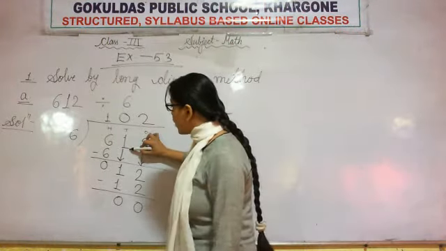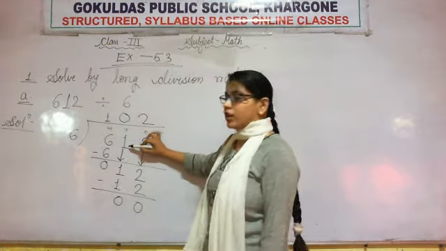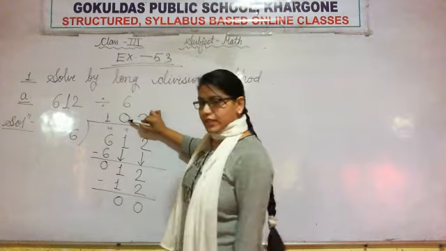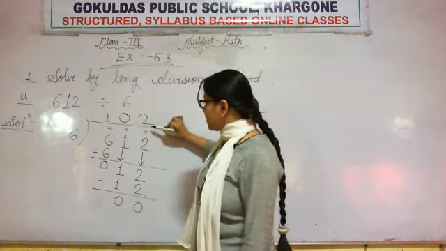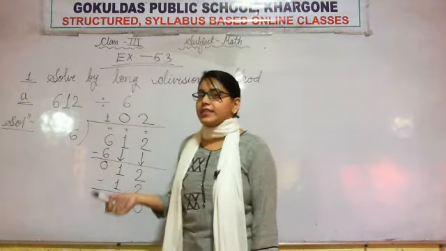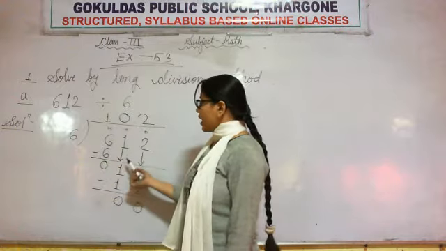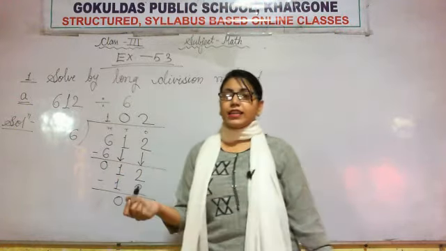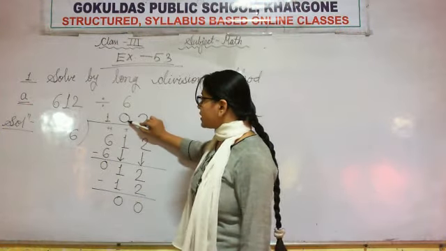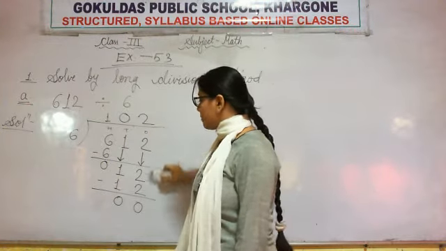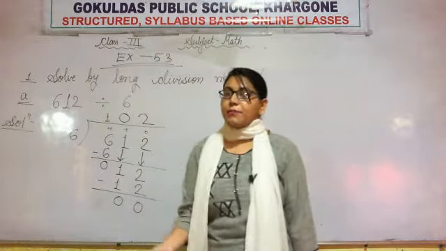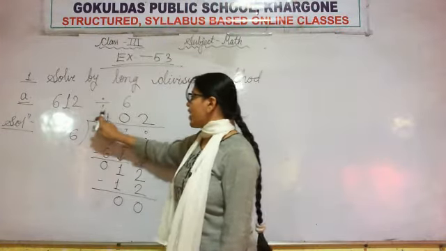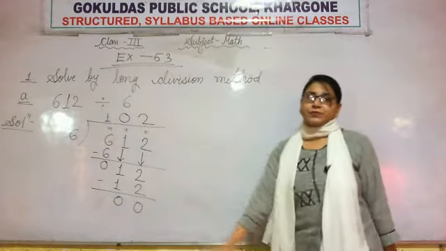If we cannot divide, like here we cannot divide 1 by 6, then we put a 0 in the quotient's place and we bring down the next number. So 612 divided by 6 is 102.